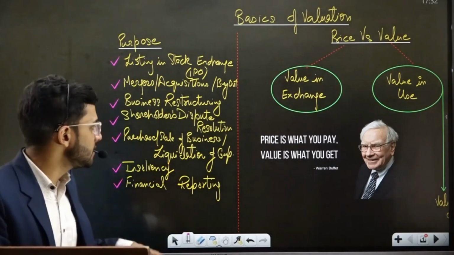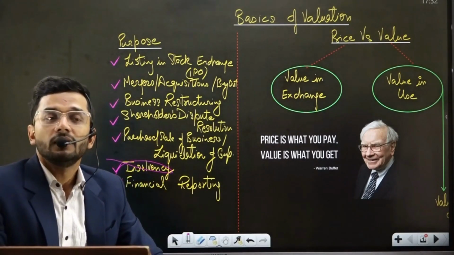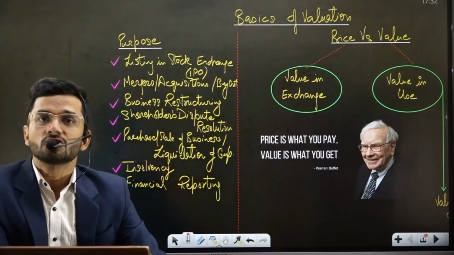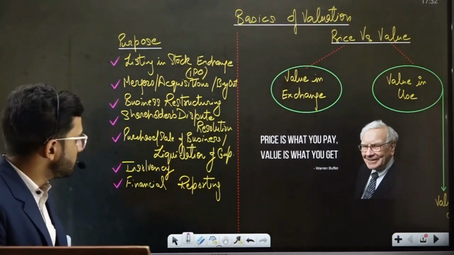In that situation, guys, valuation is required to ascertain the value of the assets which the company holds, and the expected liquidation value which the creditors or the outside liabilities will take.